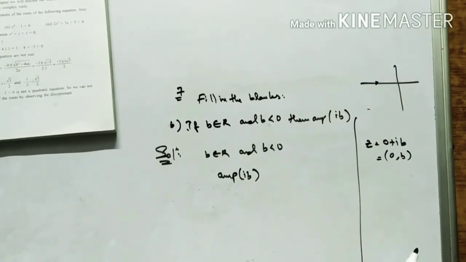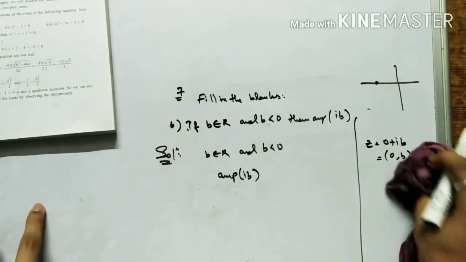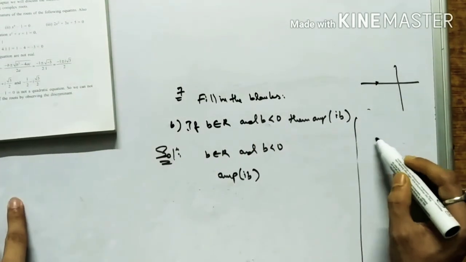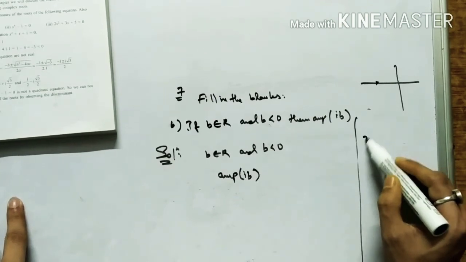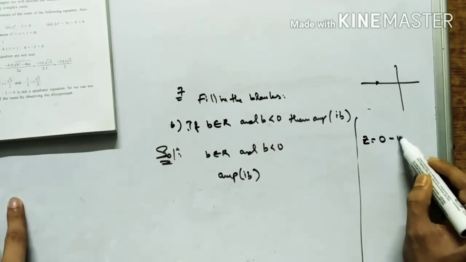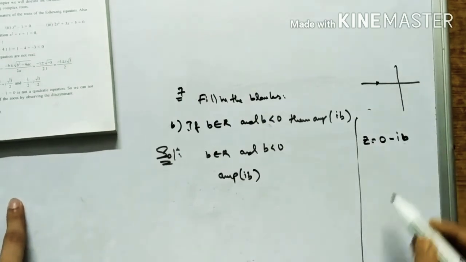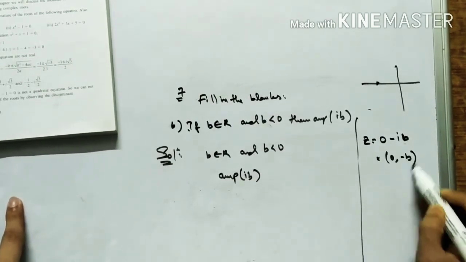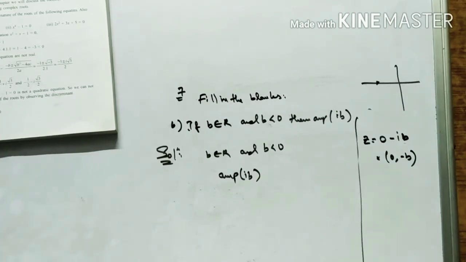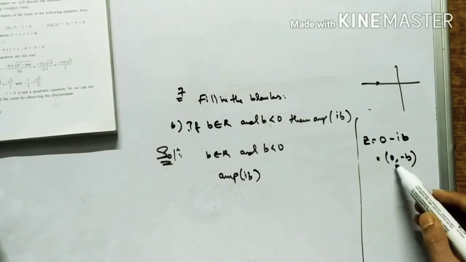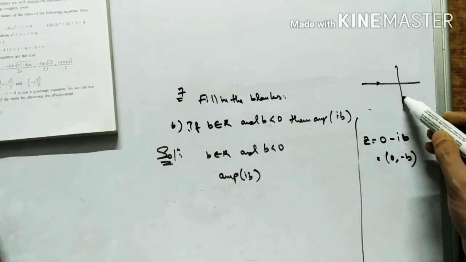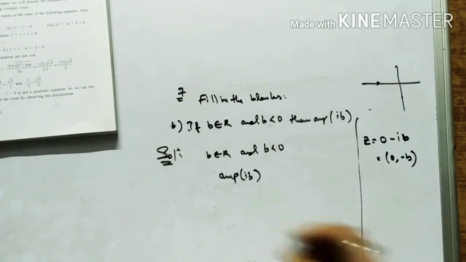Oh sorry, B is less than 0, so Z is equal to 0 minus iB, which is equal to 0 comma minus B. This point lies on the negative part of the imaginary axis.